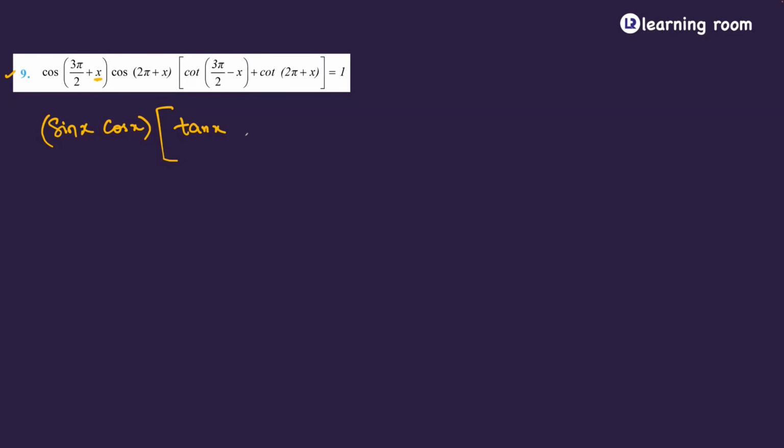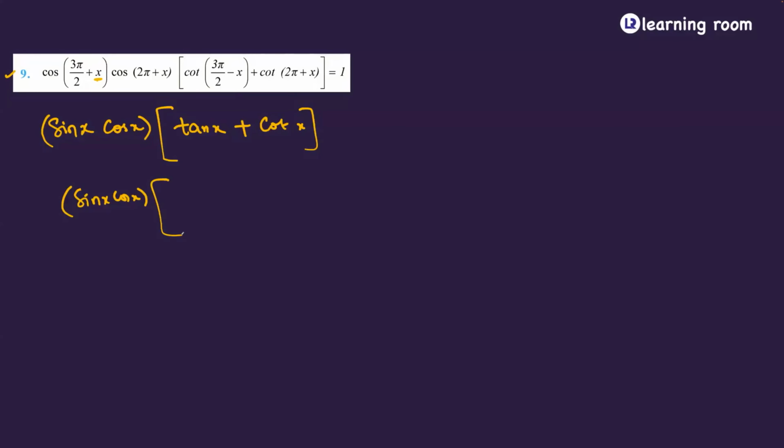Plus cot of 2 pi plus x. 2 pi plus x means first quadrant. First quadrant, everything is positive. So you'll write this as cot x itself. So if you see, it is going to be sin x into cos x outside. Tan x you can write by sin by cos, and cot x you can write by cos by sin.